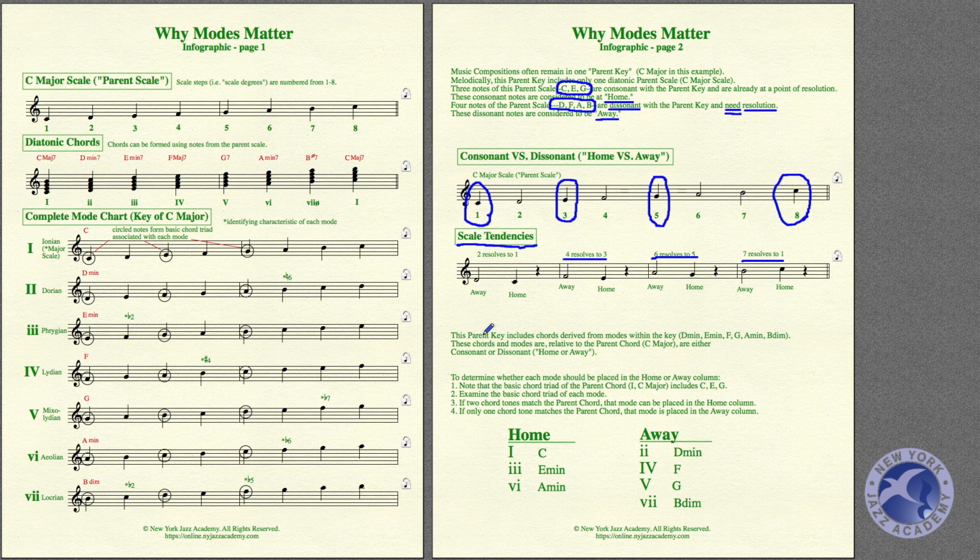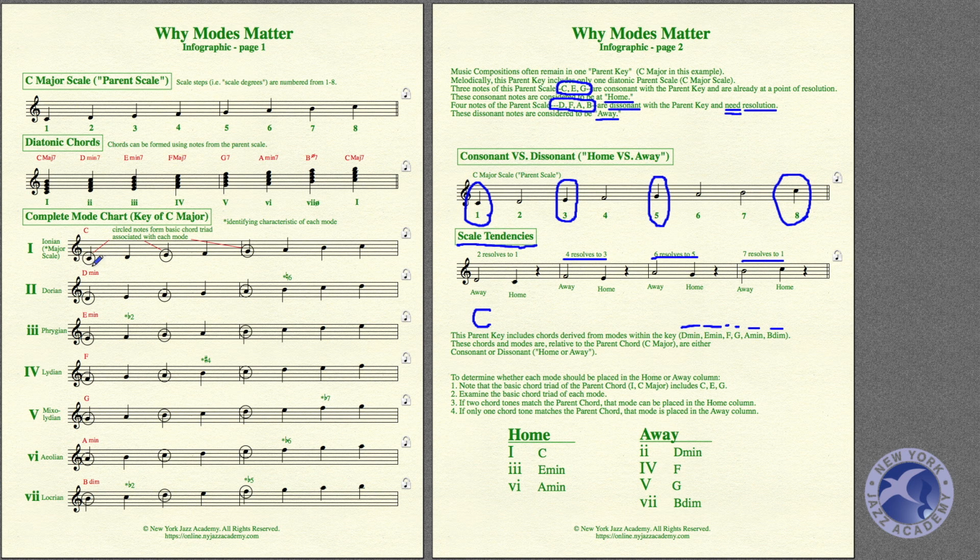So, this parent key includes chords derived from modes within the key. You know, like we've just been over. So if C major is our parent key, then D minor, E minor, F, G, A minor, B diminished are all derived from modes within the key.